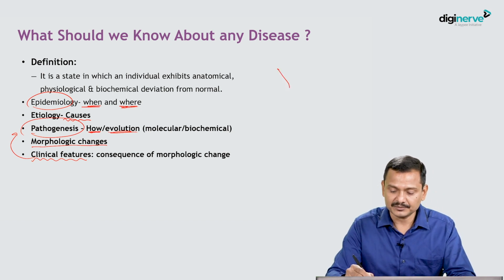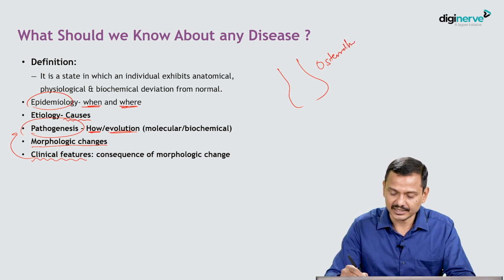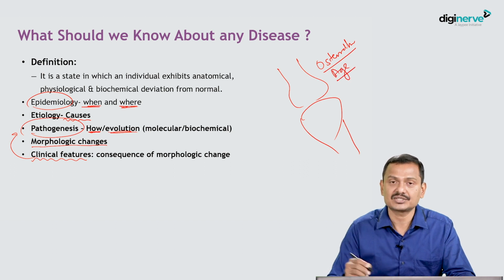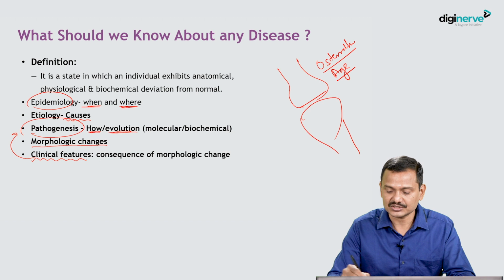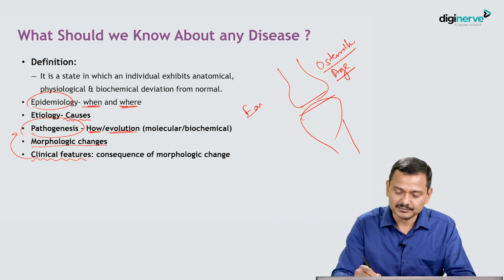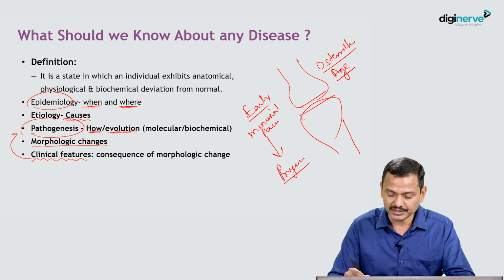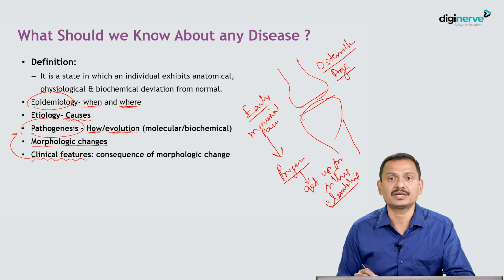For example, if a patient has osteoarthritis, which is an age-related degenerative disorder, in the early part the patient will have minimal pain and some disability, but as the disease progresses, the patient will not be able to get up from sitting, or will have difficulty in climbing steps, and there will be severe degree of pain.